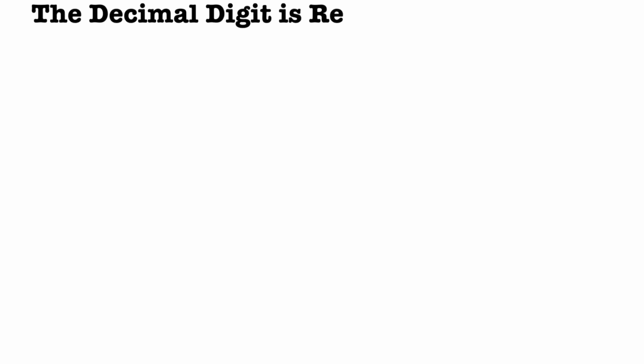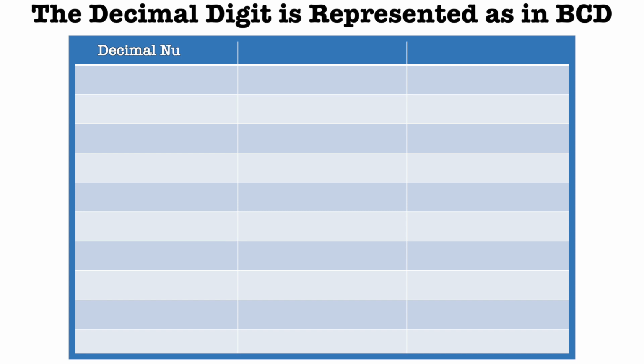As you can see, the decimal digit is represented by the BCD number. The first column represents the decimal number, the second column represents the binary number of that decimal number, and the third column represents the BCD number, right?